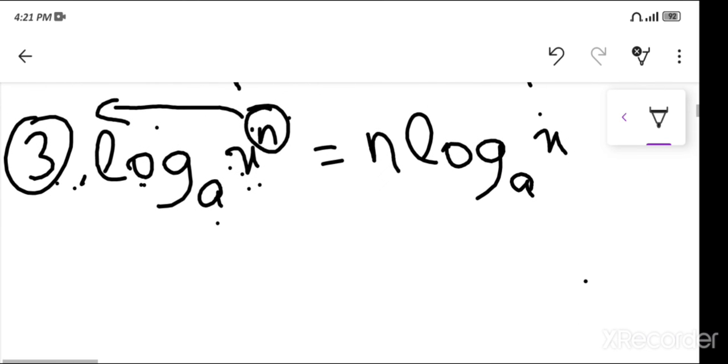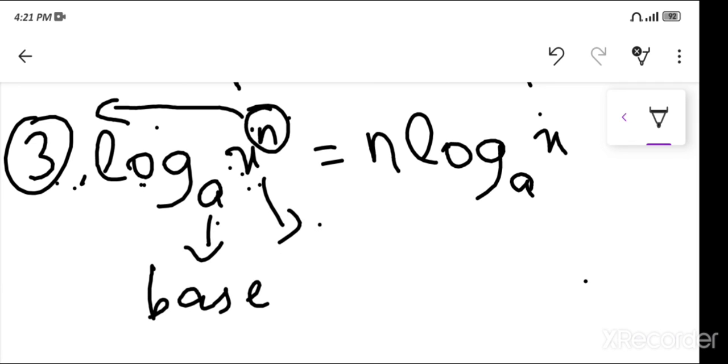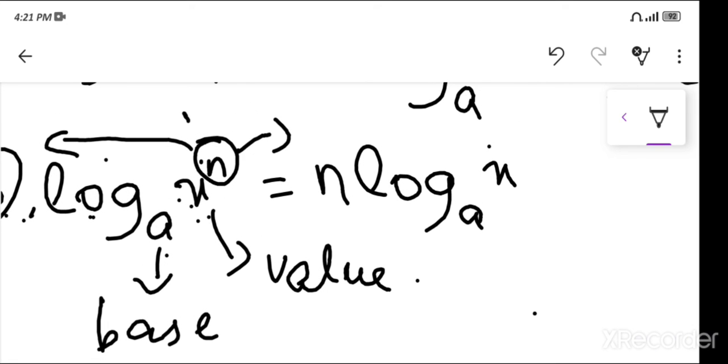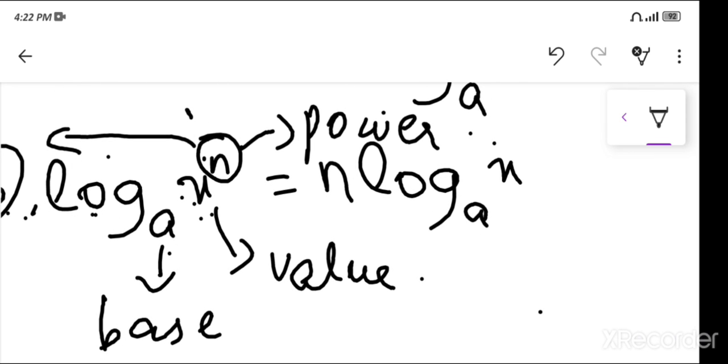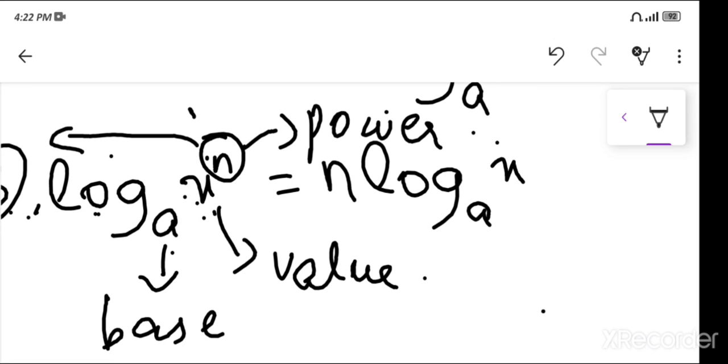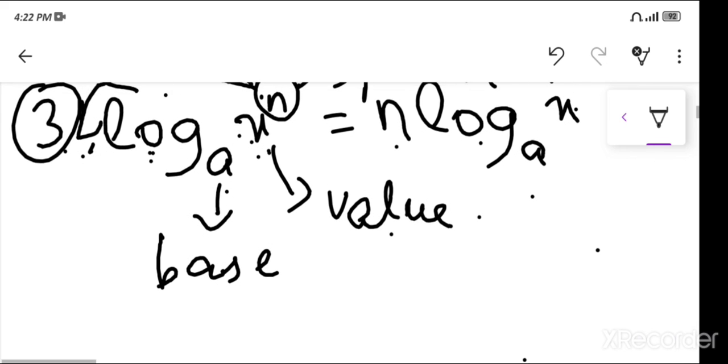Let me explain that again. This is a base, this is a value, let us assume that, and this is a power. If there is a log with the base and the value, then the power goes in front of the log, which makes it n log x to the base a.